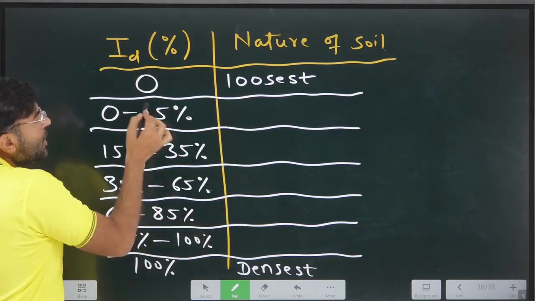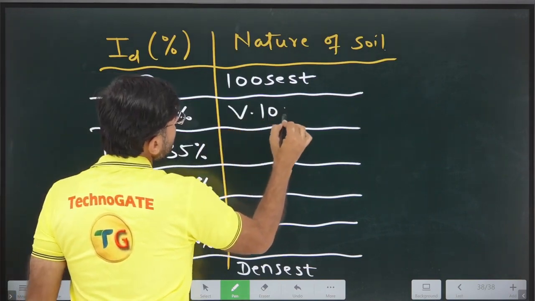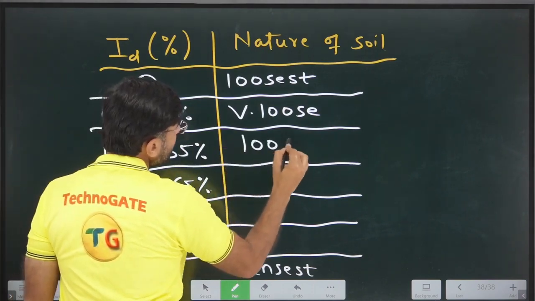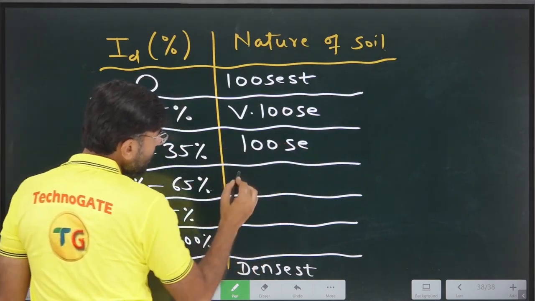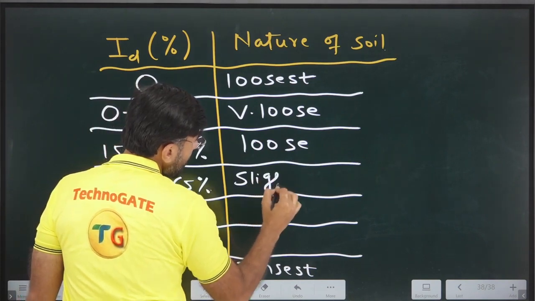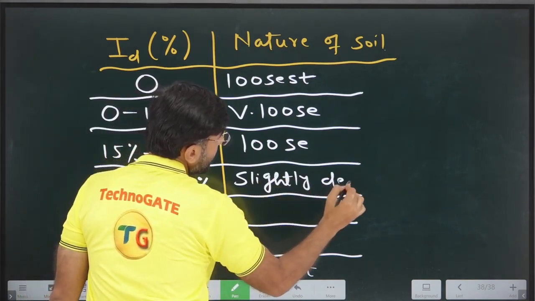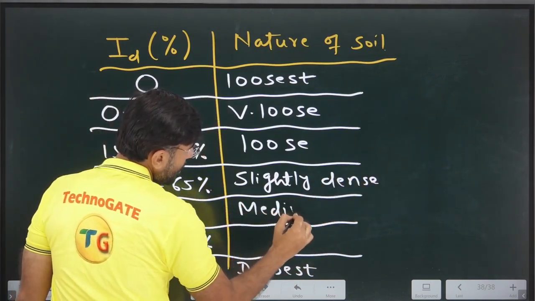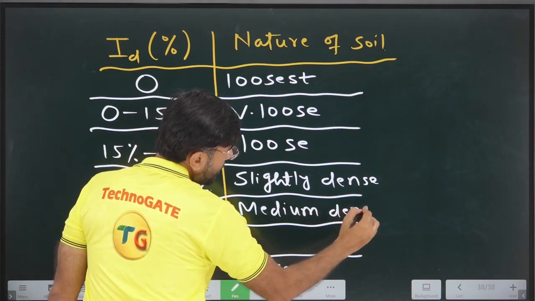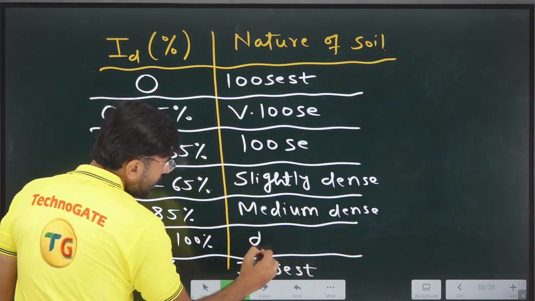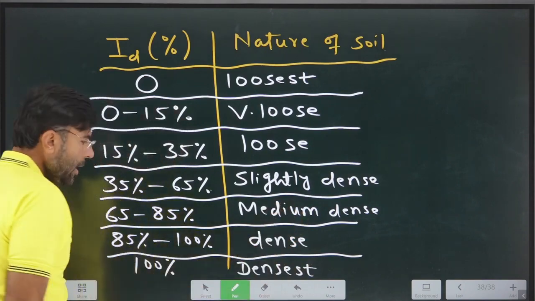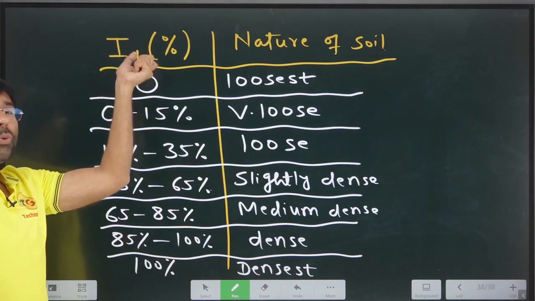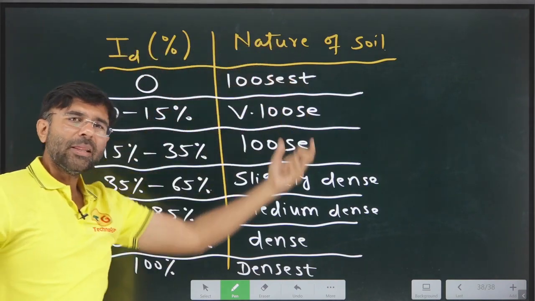If the value of ID is between 0 to 15, it will be in a very loose state. 15 to 35, loose. 35 to 65, slightly dense. 65 to 85, medium dense. 85 to 100, dense, and 100 densest. So in this way, I can use the value of ID to classify the soil.